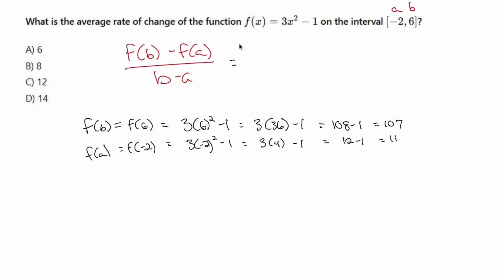So f(b) was 107, minus f(a) was 11, over b was 6, minus a was -2. So that's going to get me 96 over 8, which I believe is 12. So C is going to be my answer for that one.